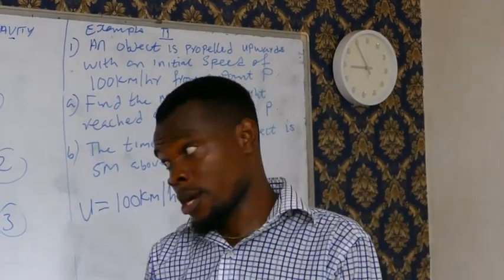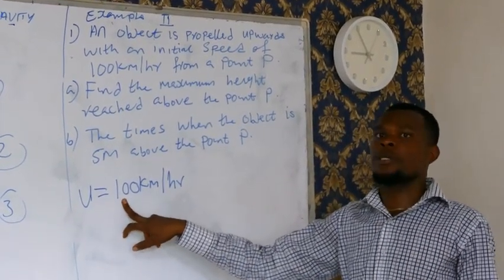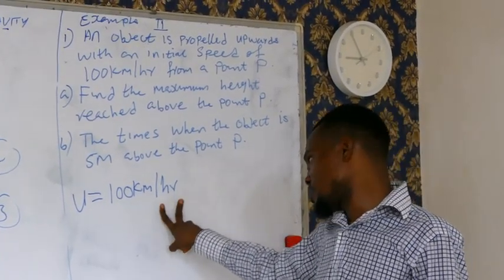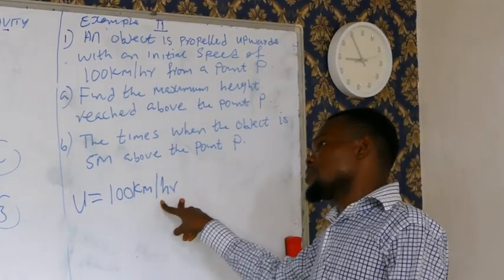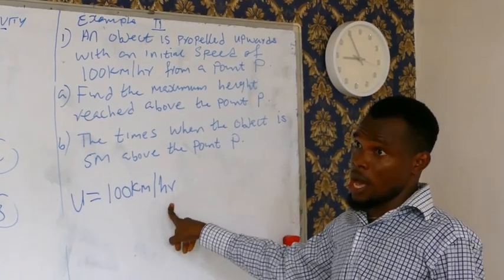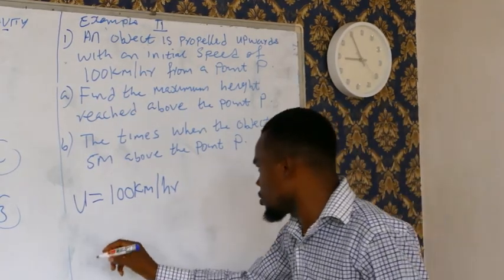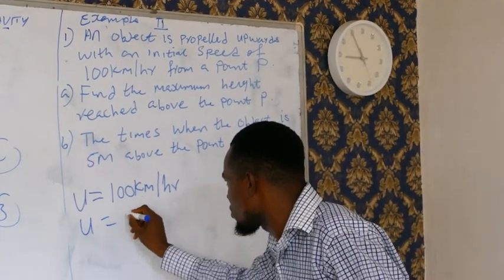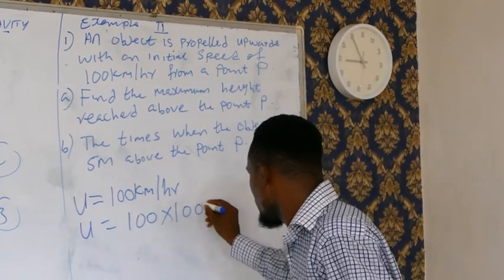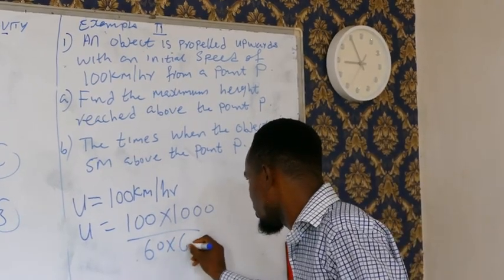I believe we've done that earlier on, but let me remind you that 1,000 meters makes 1 kilometer, and 3,600 seconds make 1 hour. So for you to convert this to meters per second, you do a simple math. u is equal to 100 times 1000, all over 60 times 60 seconds.